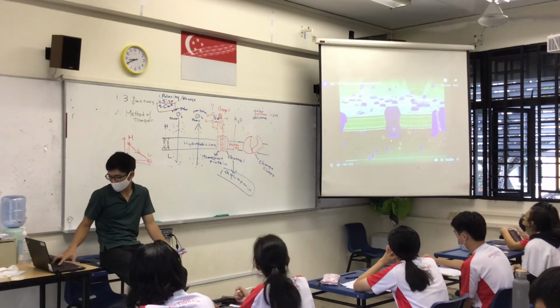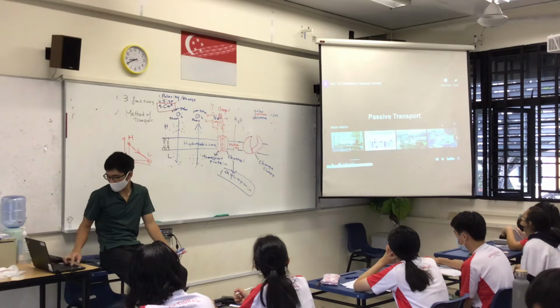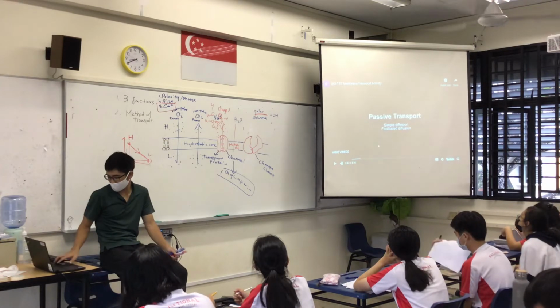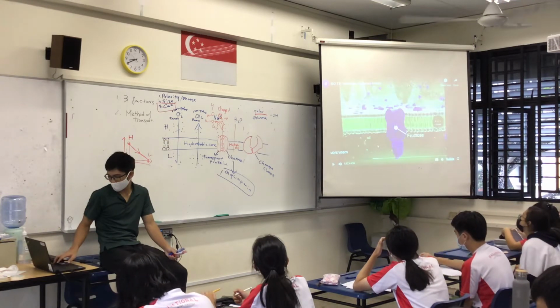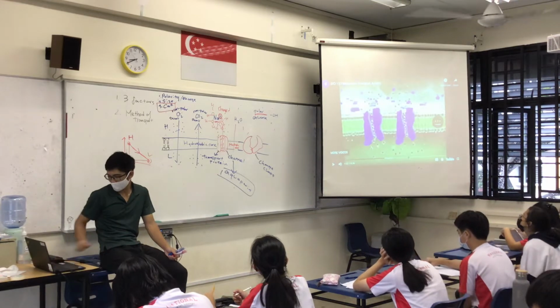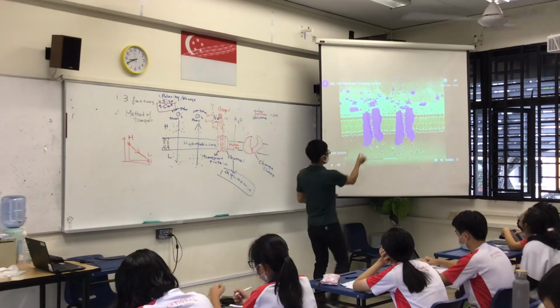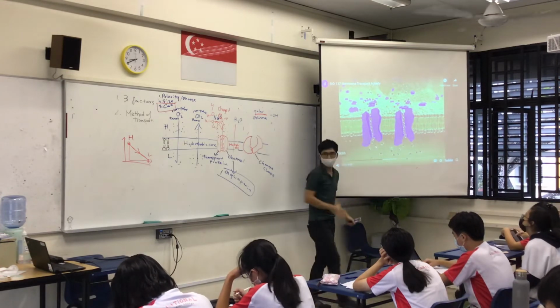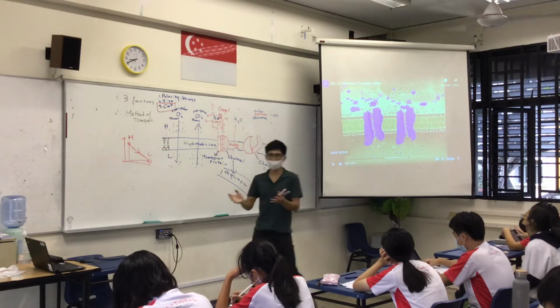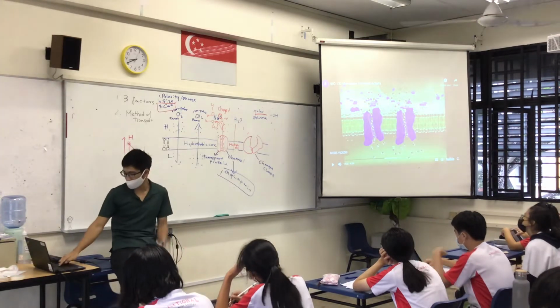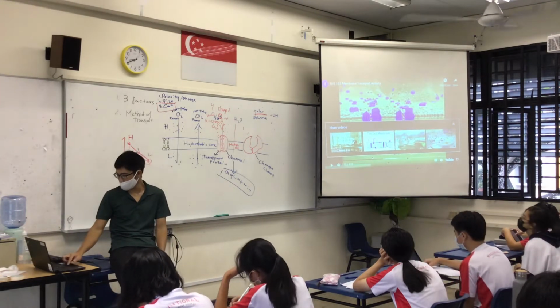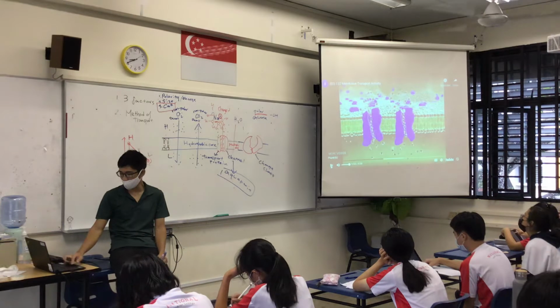Looking at this diagram, channel proteins often have a straight channel through them, with no blockage usually. So if I let this video run, you can see that things can just pass through without obstruction. Channel proteins.